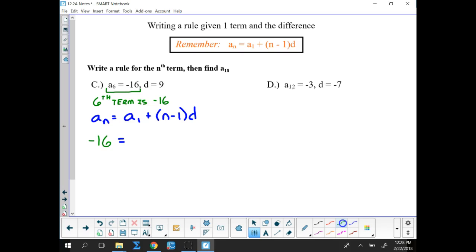If the sixth term is negative 16, I'm going to have the first term plus what's n? Good. 6. That means n is 6. And d is 9.